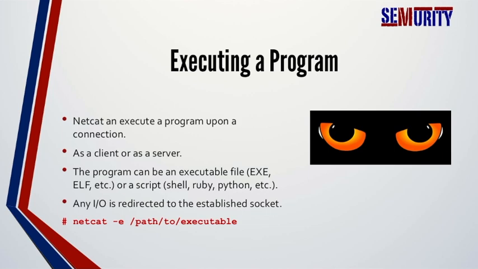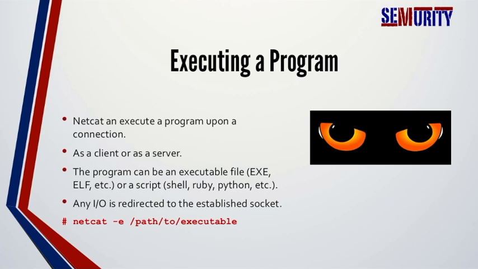You can instruct Netcat to execute a certain executable file that can either be an exe file, elf file, or simply a script like shell, Ruby, Python, whether this file is built in the system or your own file that you have written and developed. And you can enable this feature when you run Netcat as a client or as a server. It works both ways.